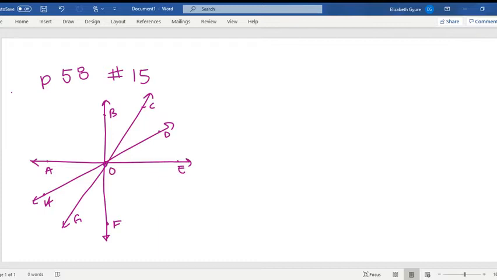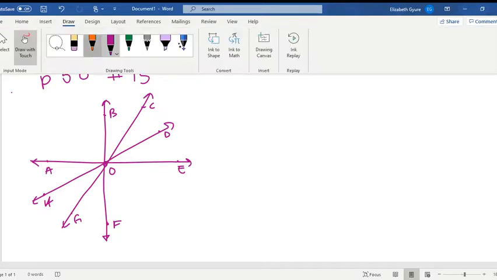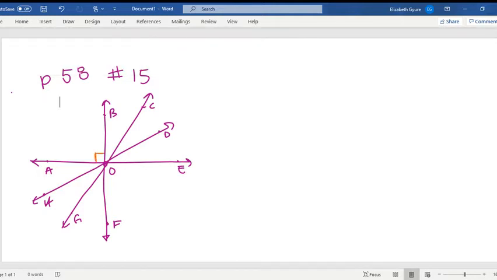All right, so you were given that line BF is perpendicular to line AE. So BF and AE. And angle BOC equals X degrees. And angle GOH equals Y degrees. So here's our diagram.